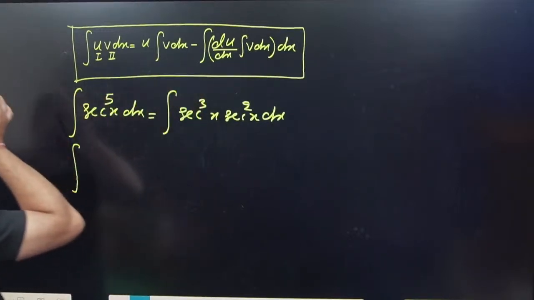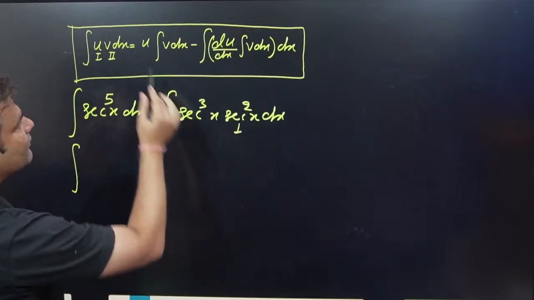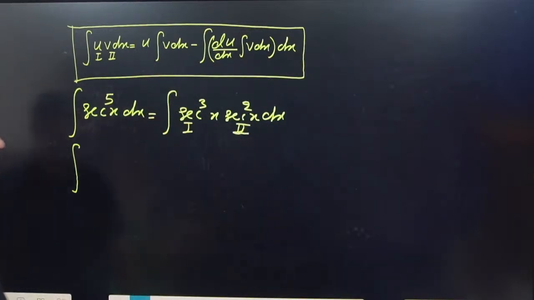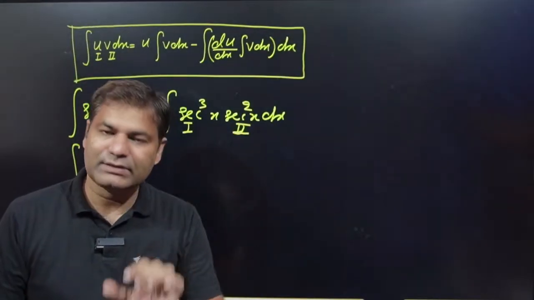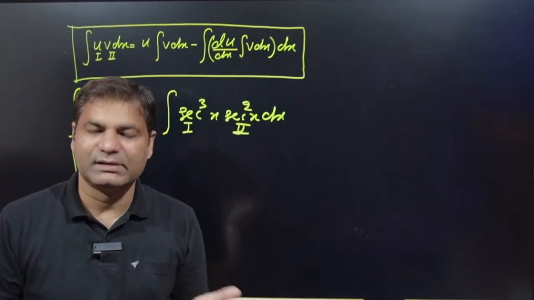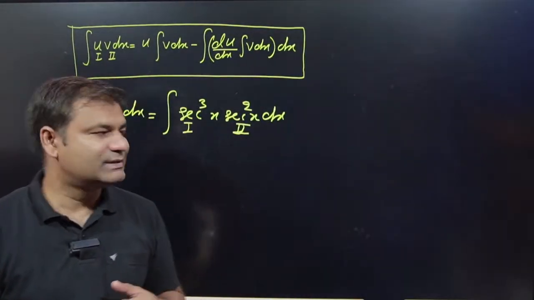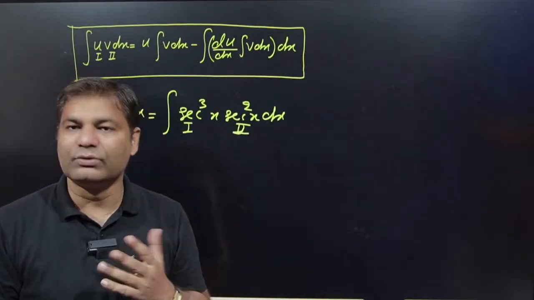I know that this part is first and this part is second. Integration of sec square x dx, I know that, it is basically tan x. But integration of sec cube x, I don't know.